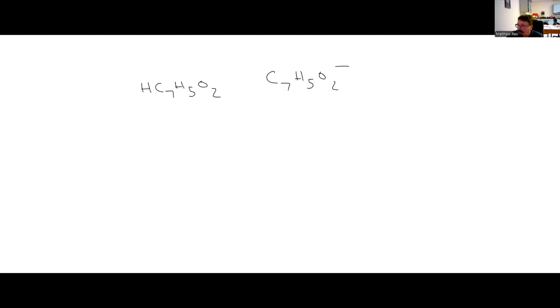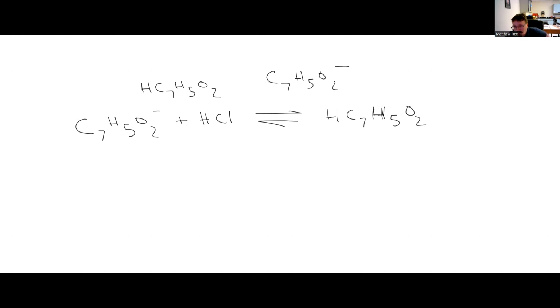So what we're going to have is we're adding hydrochloric acid. We're adding an acid, so that's going to react with the conjugate base. So we're going to get an acid-base neutralization. And when it reacts with that, it'll protonate the conjugate base, and we'll get more of that conjugate weak acid in this case.